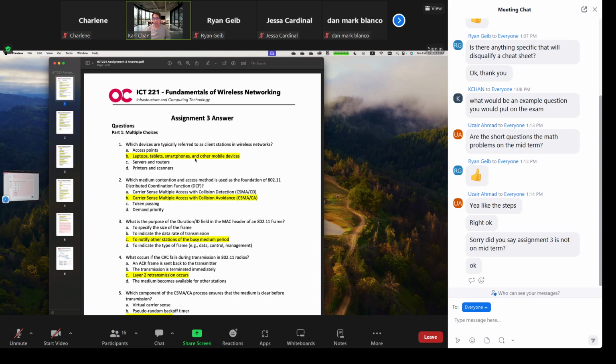Remember that client stations are any devices connected to Wi-Fi which are not an access point.